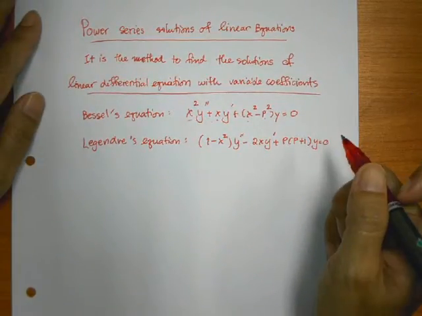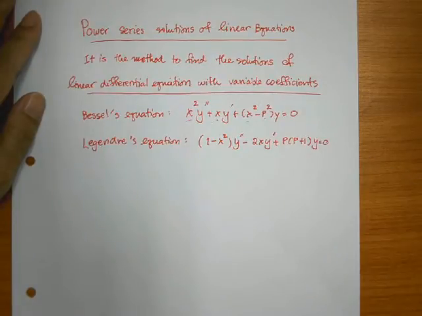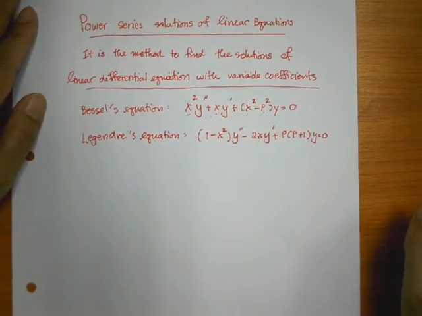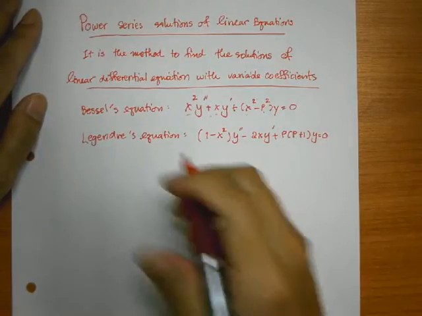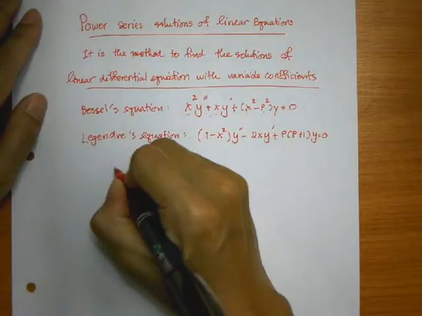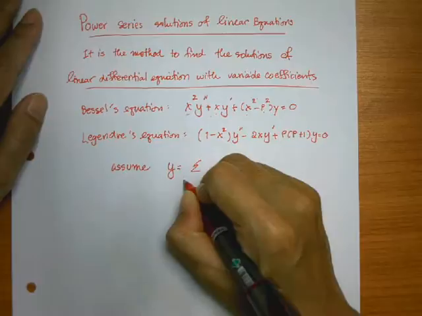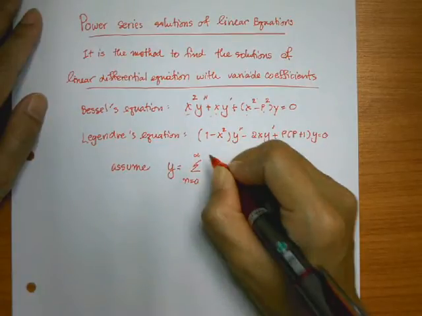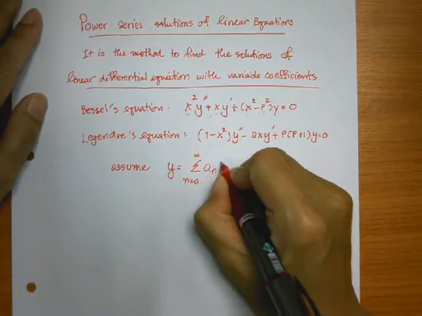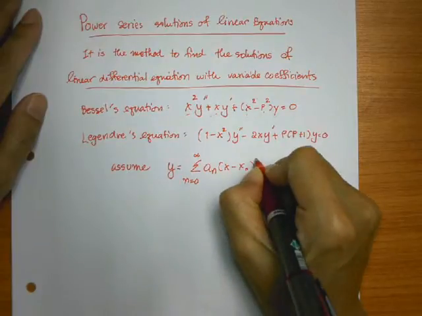So to find the answer of this type of differential equation, the way that we can do it is that we assume y is equal to the summation n equal to 0 to infinity of a_n times (x minus x0) to the power n.